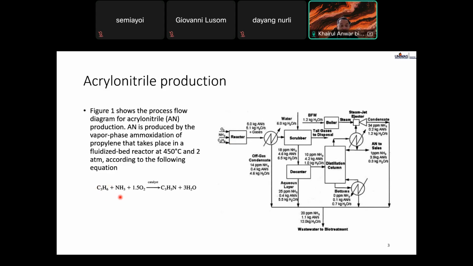C3 propylene and ammonia with oxygen, excess oxygen, and catalyst produce acrylonitrile, with water.